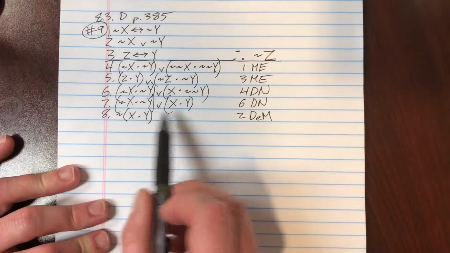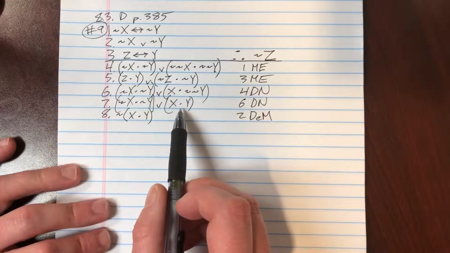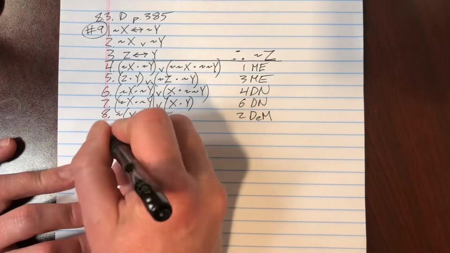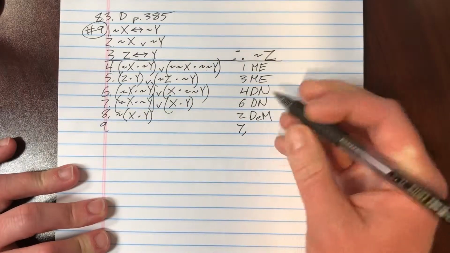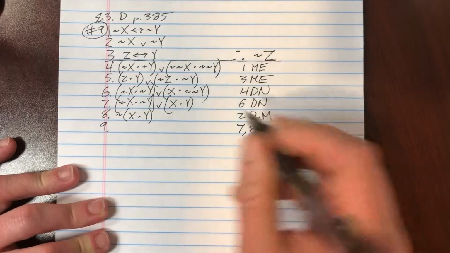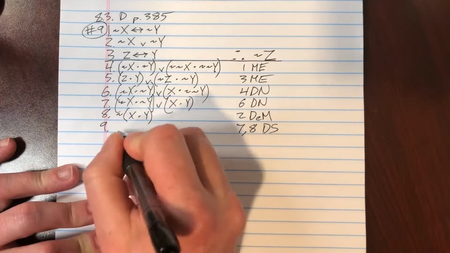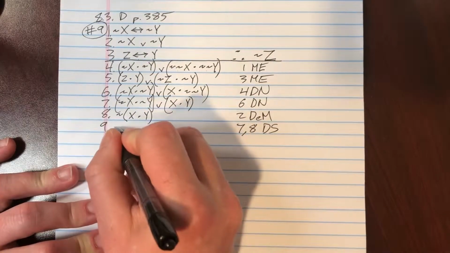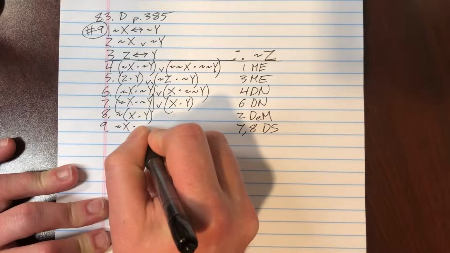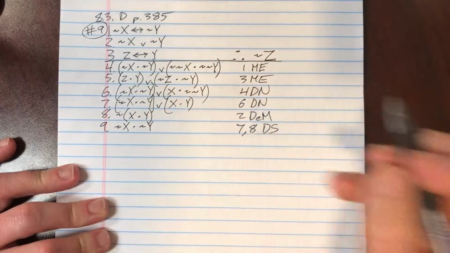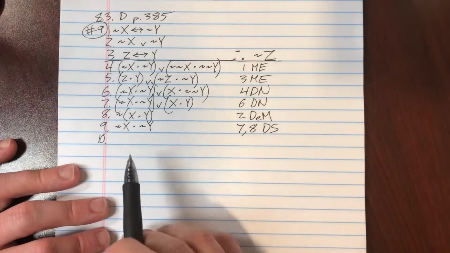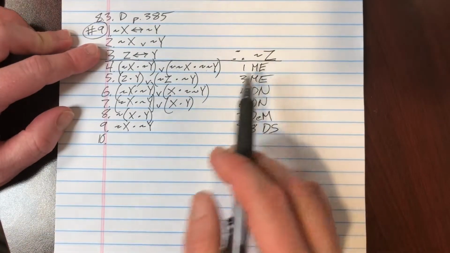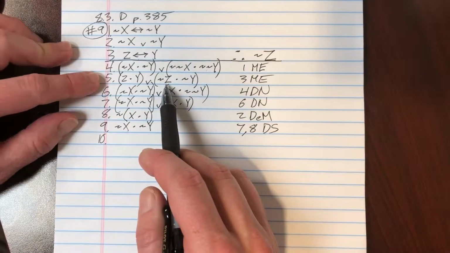Now, we have this negation of one side of a disjunction, so we can use disjunctive syllogism. 7 and 8, disjunctive syllogism. And that's going to give us the left side, which is not X and not Y. That's really helpful because we're trying to get not Z. We see a not Z right there.